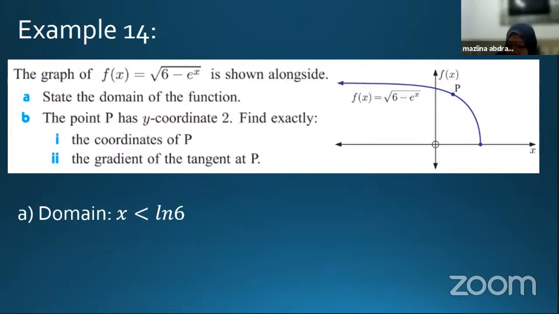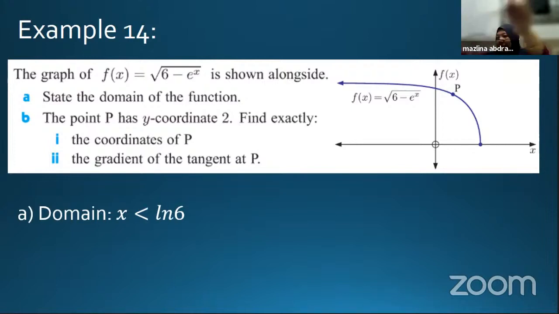Therefore, e to the power of x is less than 6. But we are finding the domain, so it is not e to the power of x less than 6, and not negative infinity up to 6, because we are looking for x.